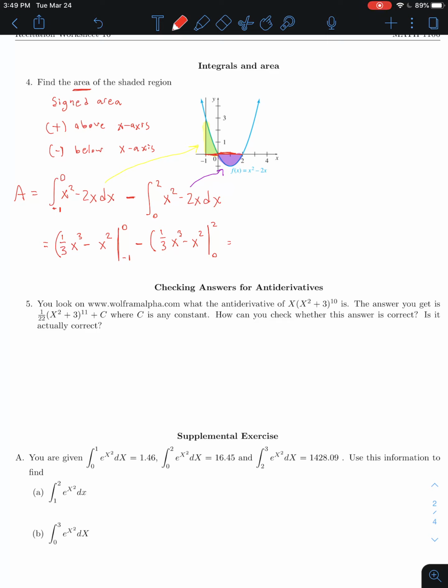And now we can start to do the plugging in and evaluating this. So we have 1/3 times 0 minus 0 gives us 0 for the first upper bound, minus, and then we have 1/3 times -1 cubed minus -1 squared.